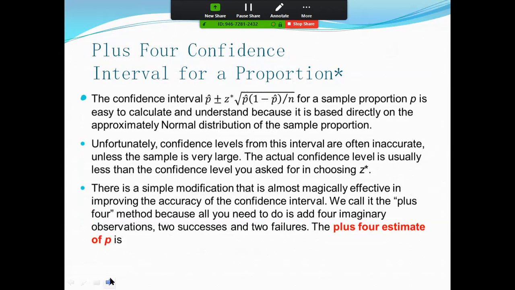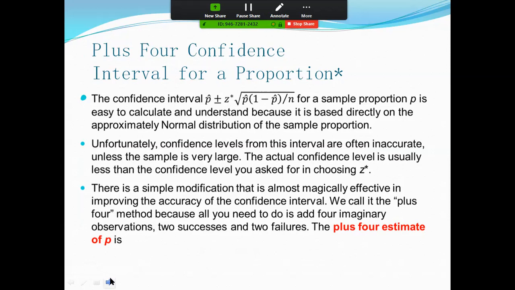Unfortunately, confidence levels from this interval are often inaccurate unless the sample is very large. The actual confidence level is usually less than the confidence level you're asking for in choosing z star.